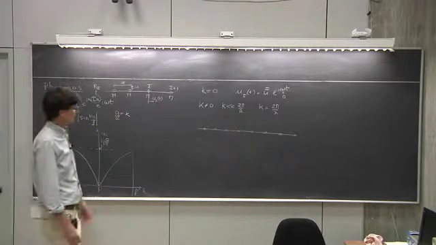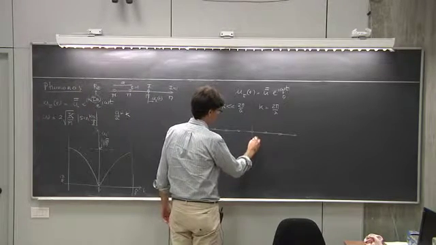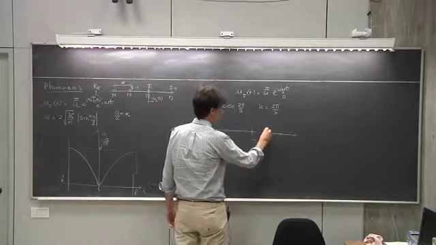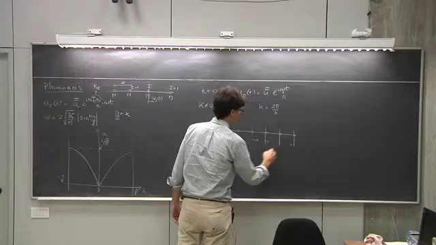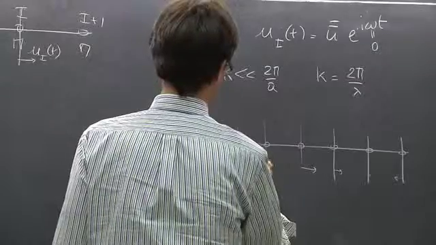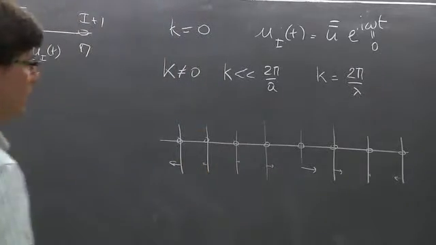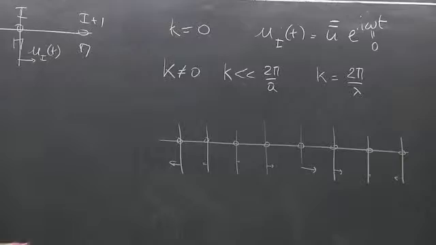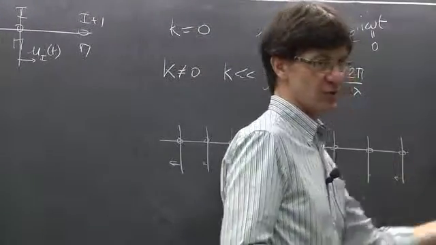So if this is i, for example, and the displacement is like this, here the displacement could be like this, here it could be like this, here it could be like this. And if I go to negative values, and so on and so forth. So it's a wave. Maximum, 0, minimum in the opposite direction, and so on.